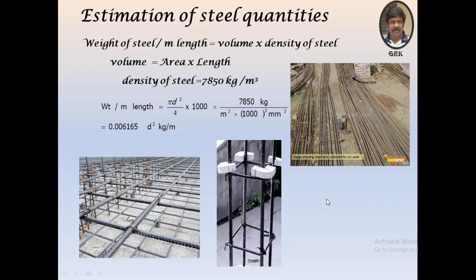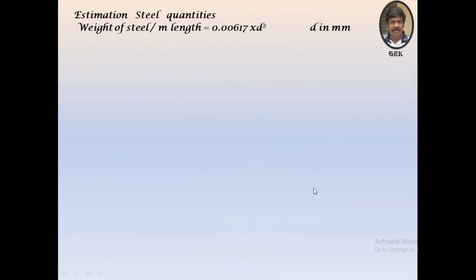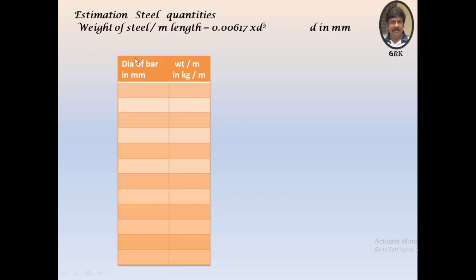So first let us calculate the weight per meter run of various diameters. Like 5 mm diameter bar, it weighs 0.15 kg per meter, that is 150 grams per meter length, and this is obtained by substituting 5 mm diameter in this formula, that is 0.00616 or 7 d square. We substitute in this formula, I can make it as 0.00616 into d square.